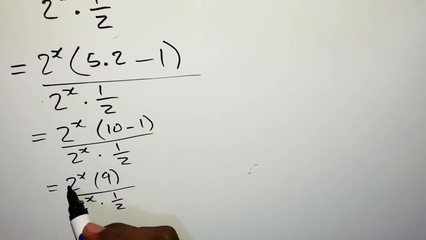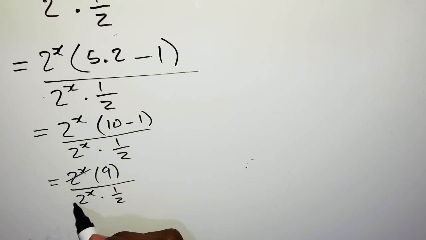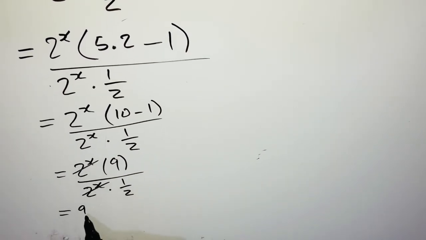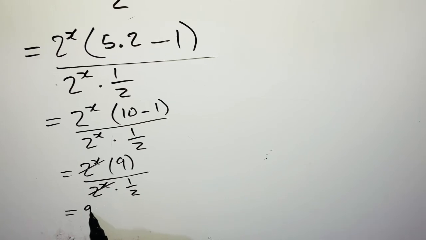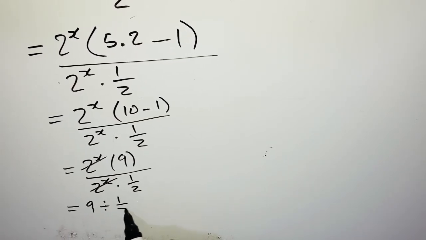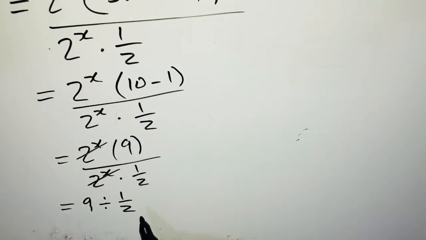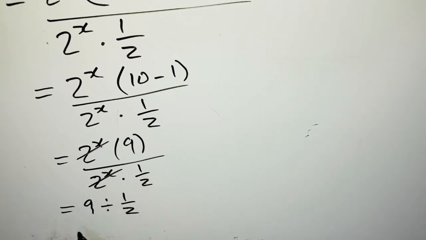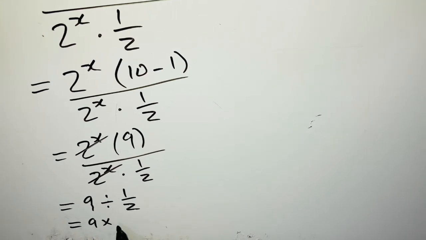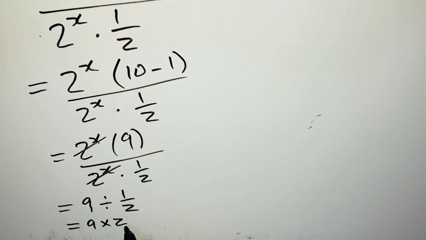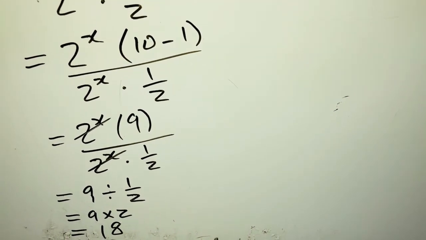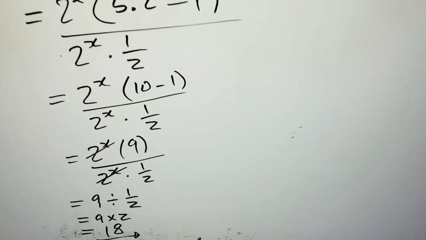So from here, these will cancel out. Then we remain with 9 divided by 1 over 2, which will give us 9 times 2, so our answer will be 18. So our answer for this sum is 18.